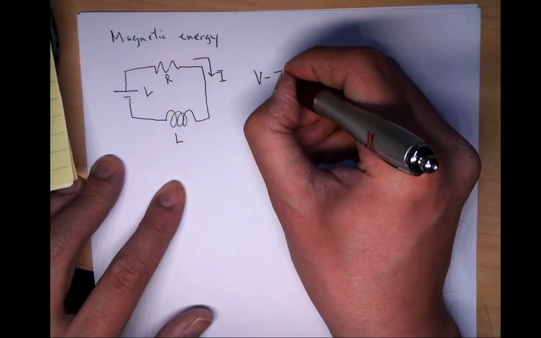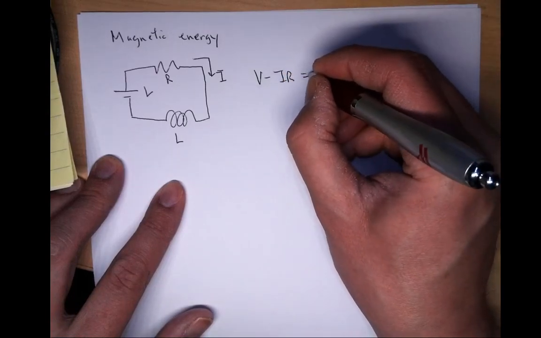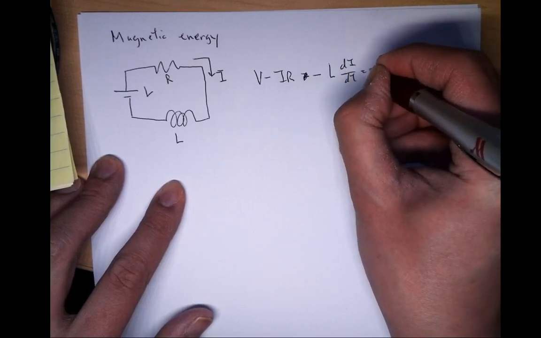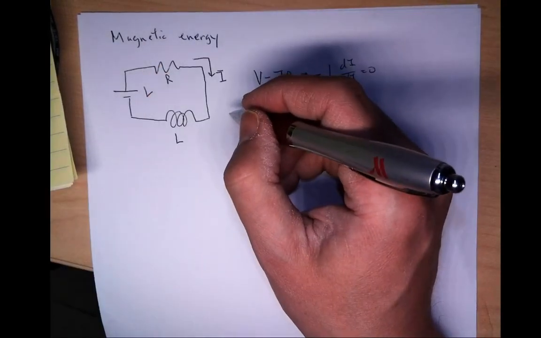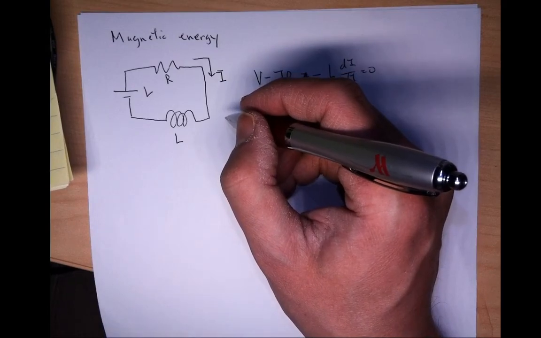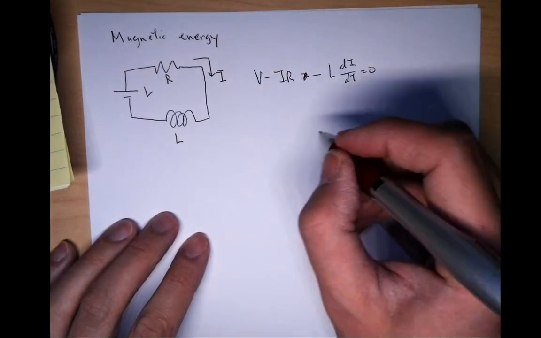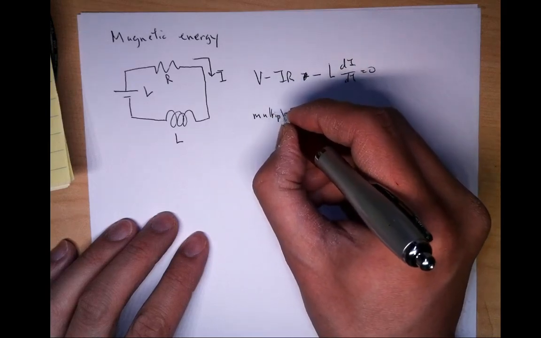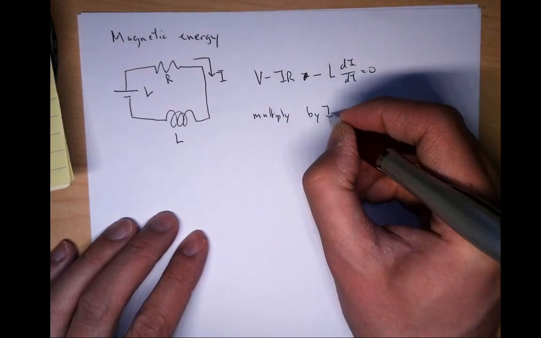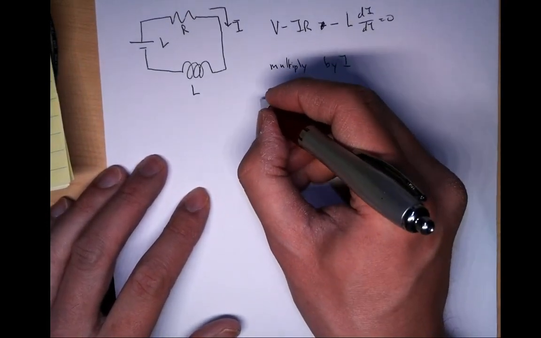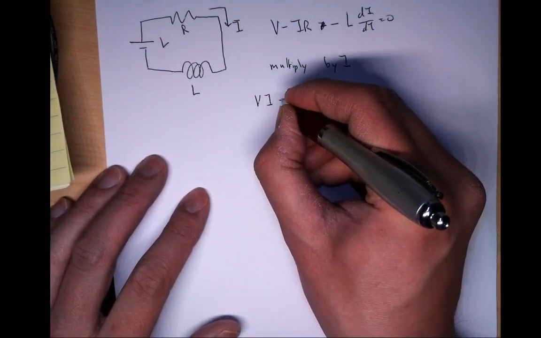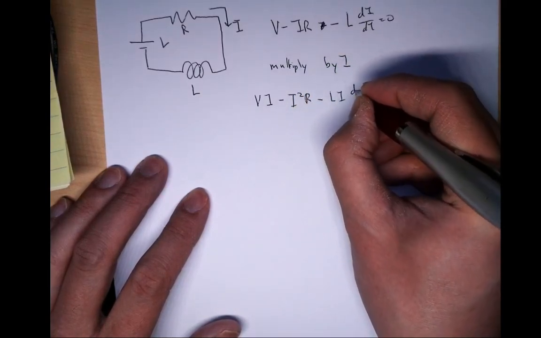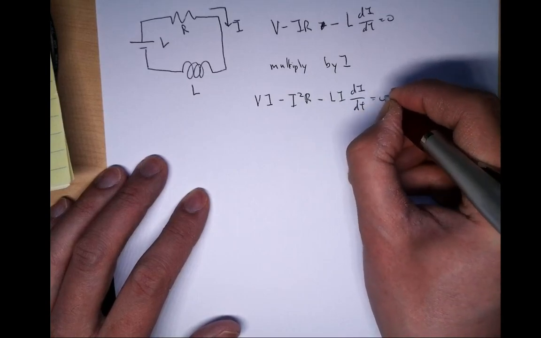So V minus IR minus L dI/dt equals 0, right? Kirchhoff's law again. And so what I want to do here is multiply by I. So that's going to be VI minus I squared R minus L I dI/dt equals 0.